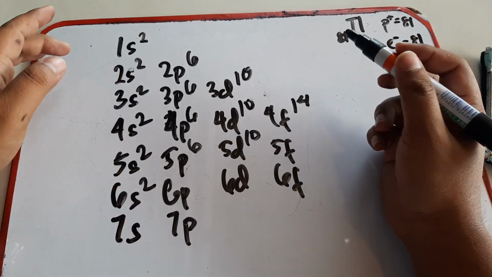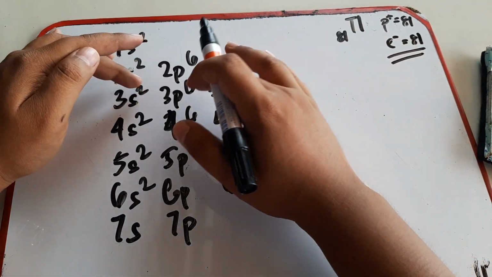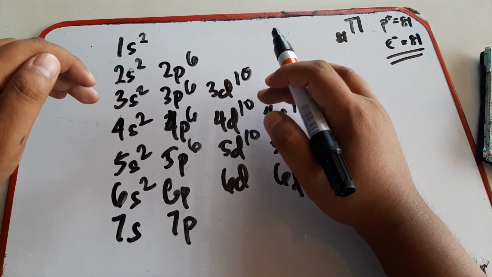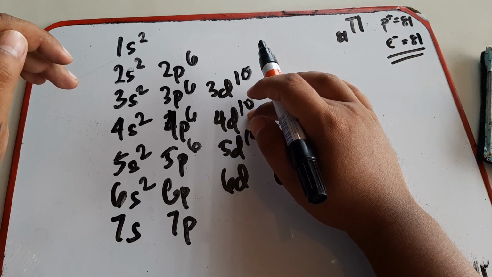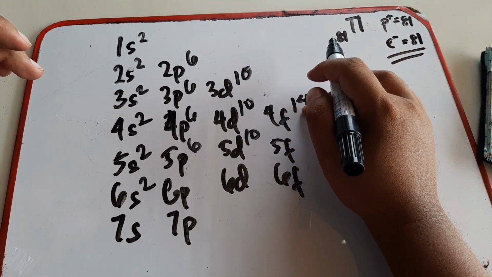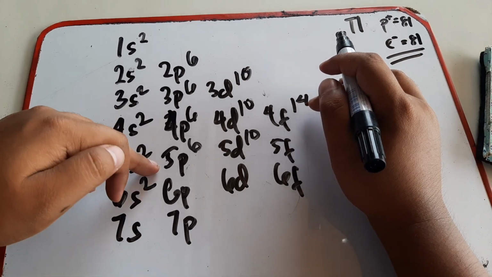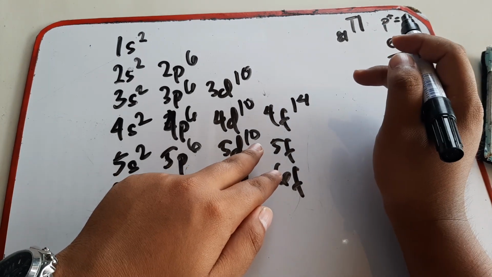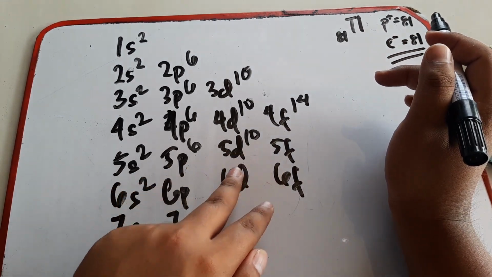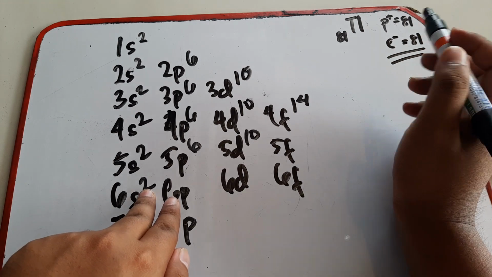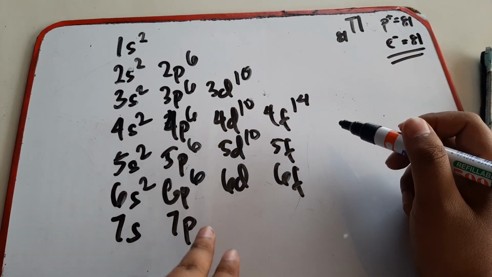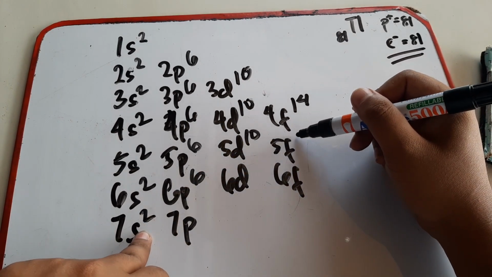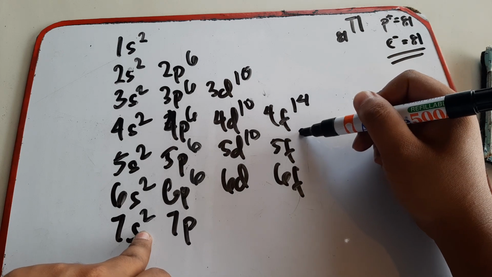Okay, let's count again. 10, 12, 18, 28, 30, 36, 46, 50, 52, 58, 68, 70, 76, 78, and I'll add 3.